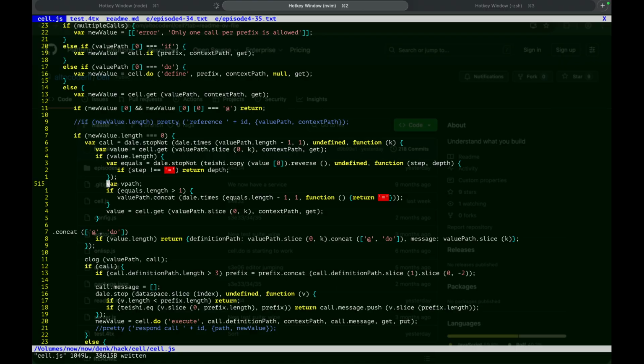It's so tricky, this code. It's a bit dirty too. And do equal count here.